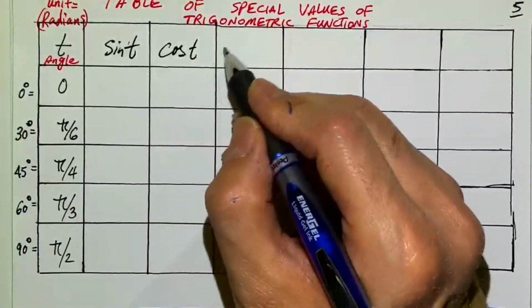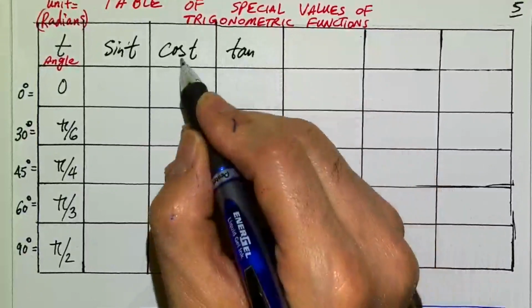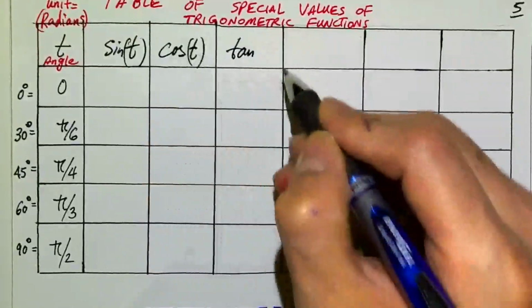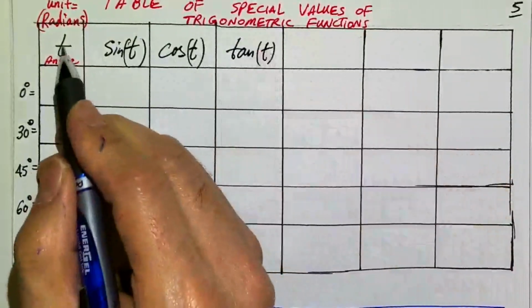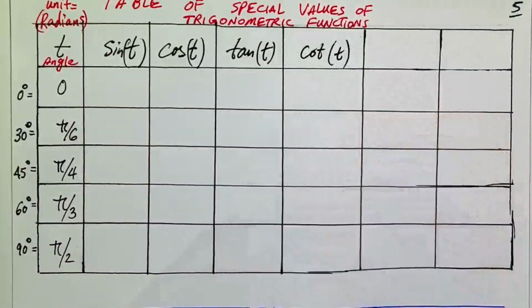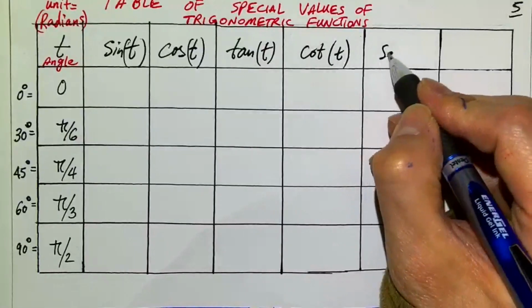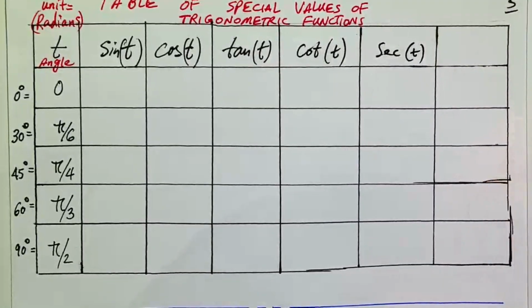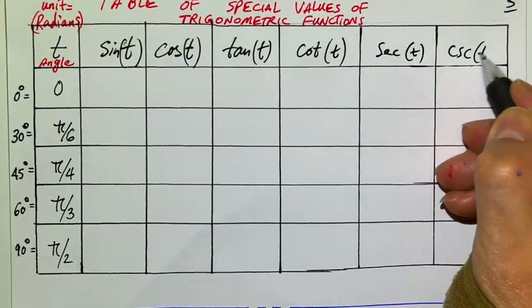And then we have the tangent, not theta, t, this time t. So let me put that in parentheses. So tangent of t, t being the angle, right? And then cotangent of t, and then secant of t, and then, of course, the last one, cosecant of t.